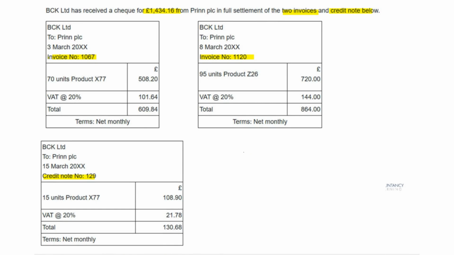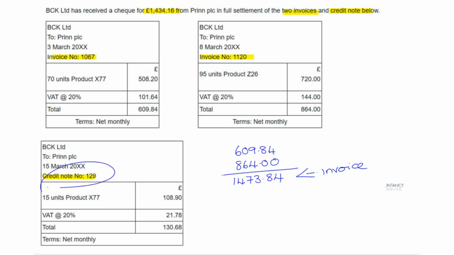So our invoices then, we've got one at £609.84, and then we've got another one at £864. So our total is £1,473.84. So this is our invoice total.